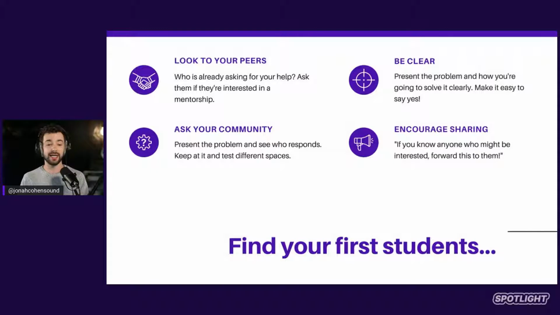You're basically saying, I'm going to offer these kinds of little resources. We'll talk about a couple ways to do it. And they're paid, but it's going to be fairly affordable. Would you be interested? So start with your peers. Ask them if they're interested in any sort of mentorship, whether it's cohort based or one on one. After that, you can reach out a little further, ask your community, present the problem that you're going to solve and the transformation you're promising, and see who responds.